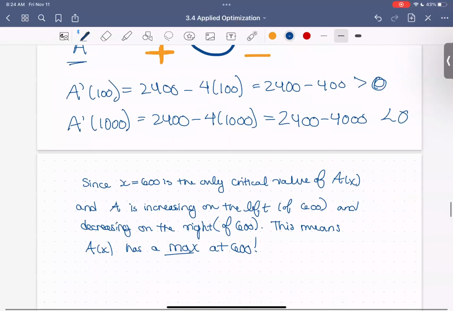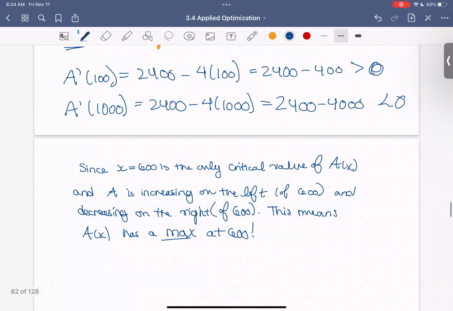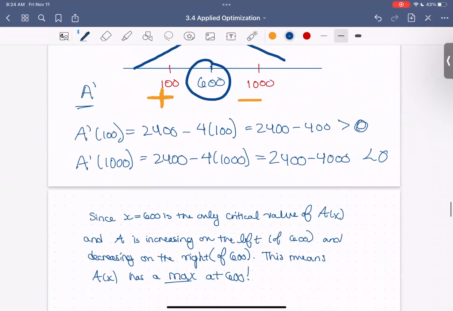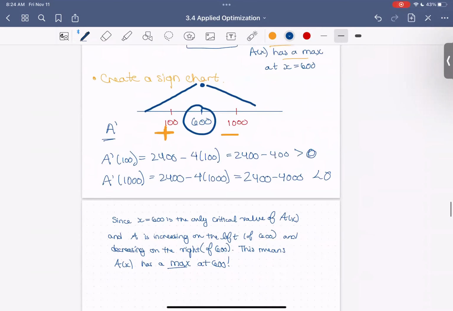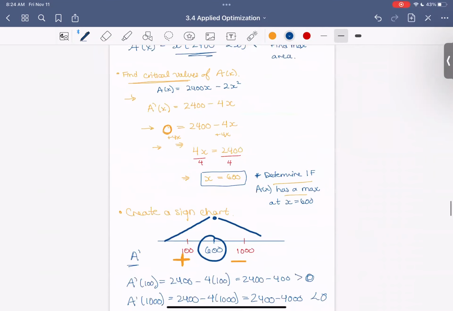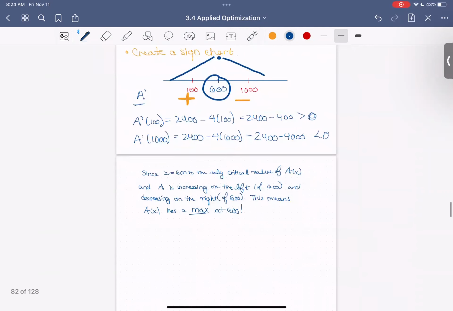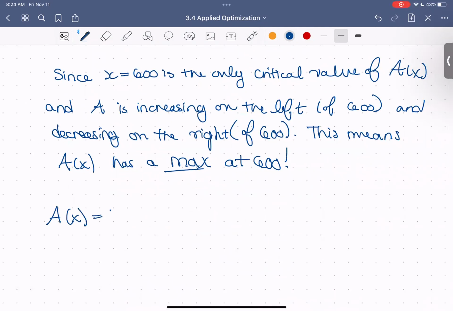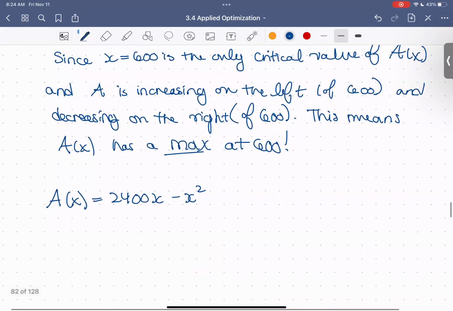And so if we wanted to draw a picture of what a looks like, so a of x is 2400x minus 2x squared. So I'm just going to write that down here so we have it. A of x is equal to 2400x minus x squared. So we could consult Desmos or just do a brief sketch of this function on our own. So we see here that at 600, we have a max.